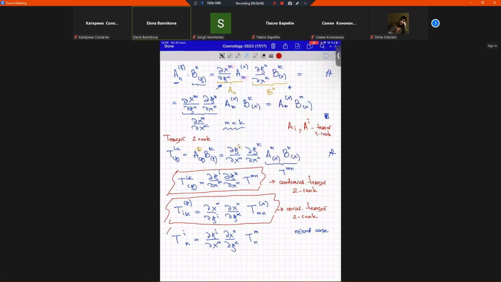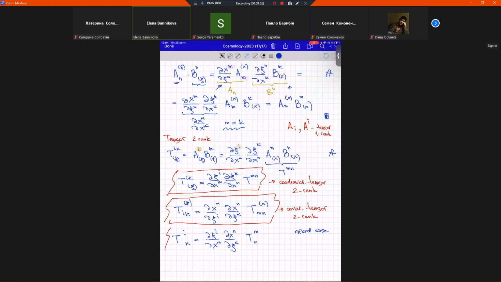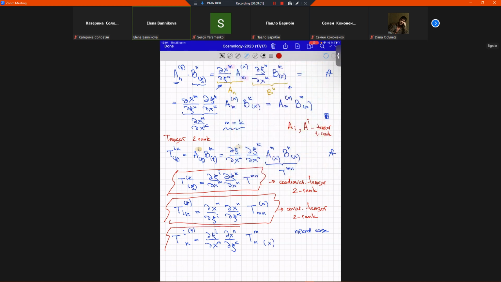And I need to write also the coordinate reference system x^i here. Okay, this is x. And this is the definition of the mixed case, the tensor which has a contravariant index.